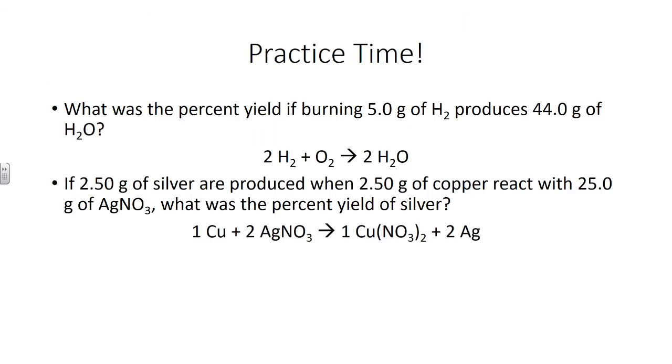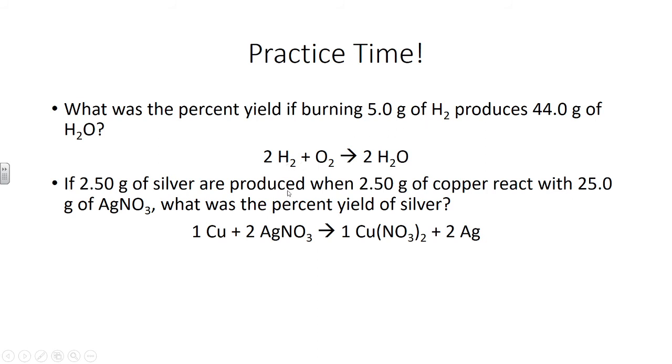All right, well, it's practice time. What is the percent yield if burning 5 grams of hydrogen produces 44 grams of water? This one is a straightforward problem that does not have a limiting reactant, and there you have your mole balanced equation for you.